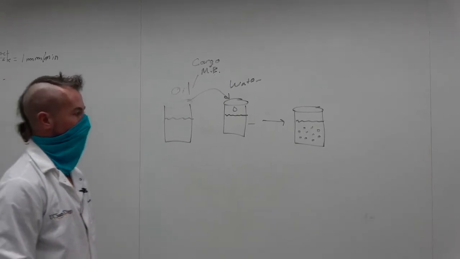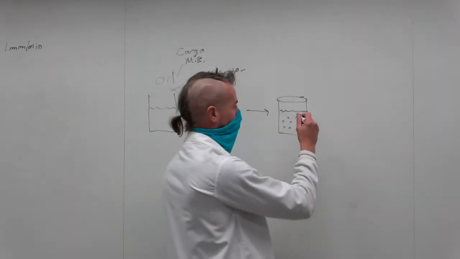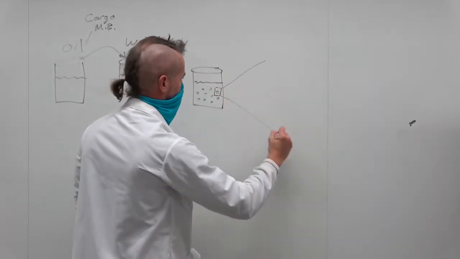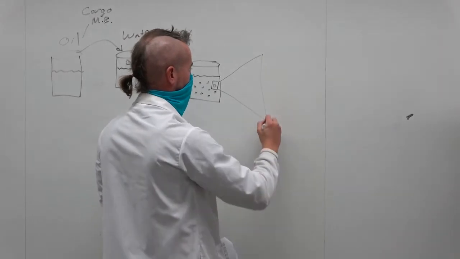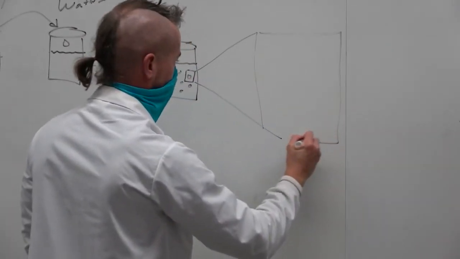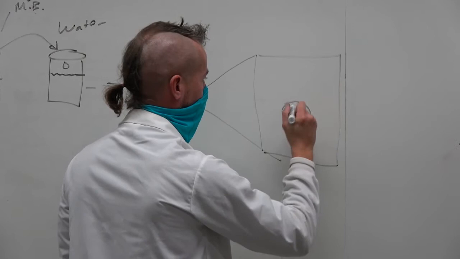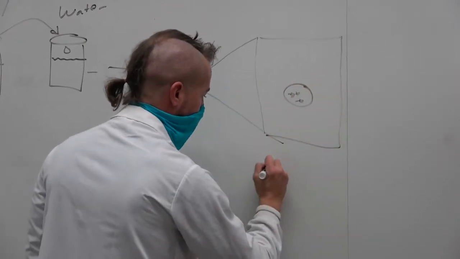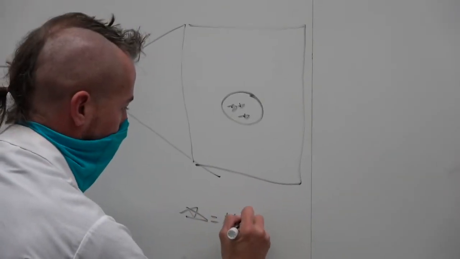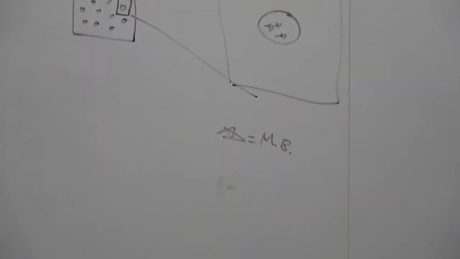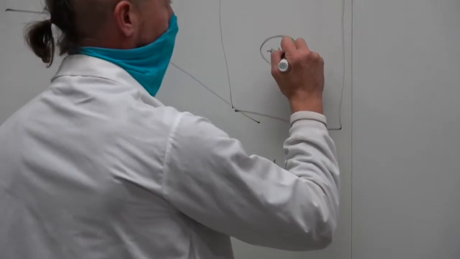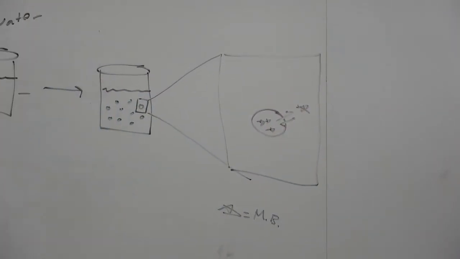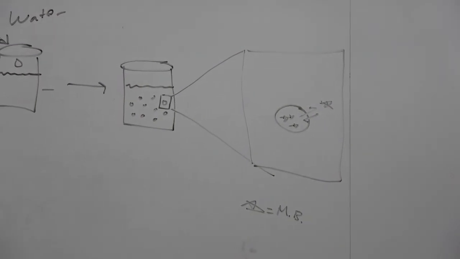So if we zoom in here, and this is our nanoparticle, and star equals our methylene blue, there's going to be some diffusion of this cargo in and out, right?